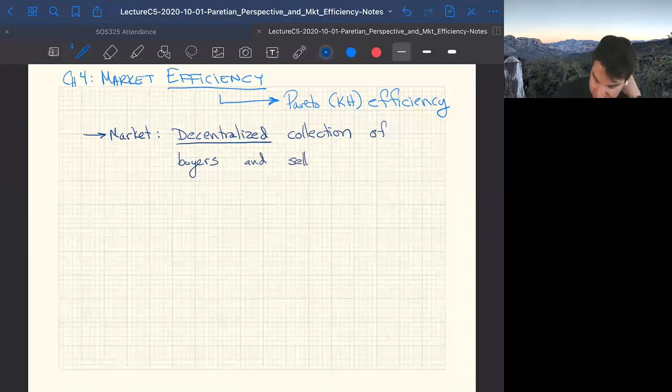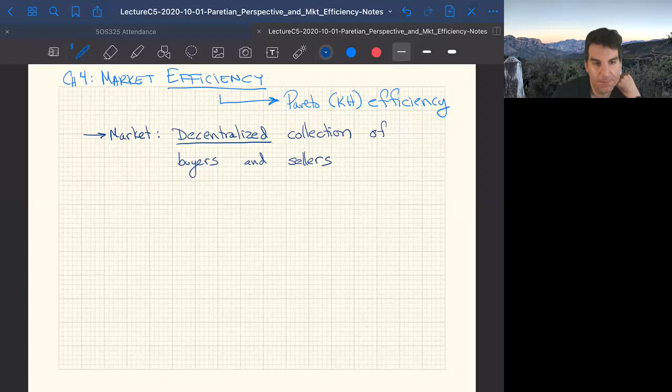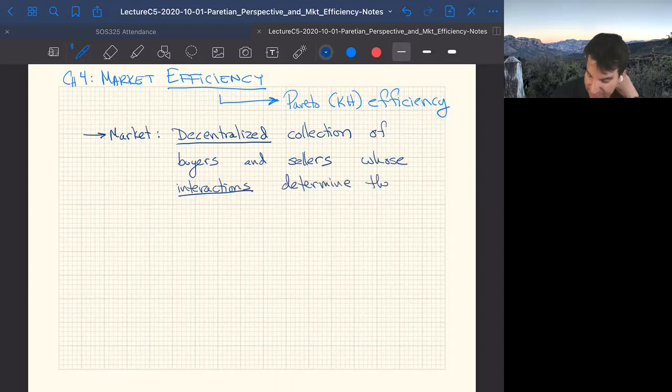If you like, you can think of them as consumers and producers, whose interactions, emphasizing interactions, determine the allocation of goods through exchange.